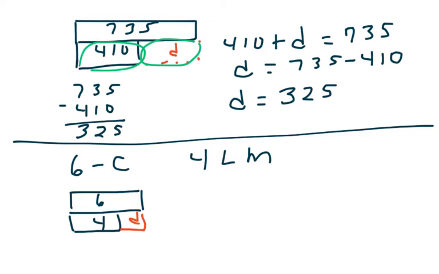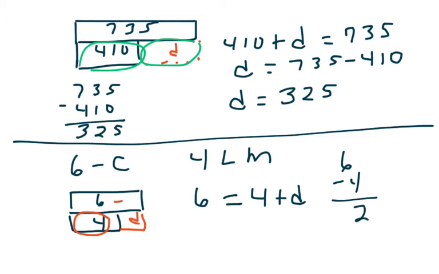And so it would become 6 over here is equal to 4, that's here, plus D. The total is equal to the 4 plus the D. So to figure out what the answer is, you know this one because you know that 4 plus 2, or we could subtract again and we get 2.